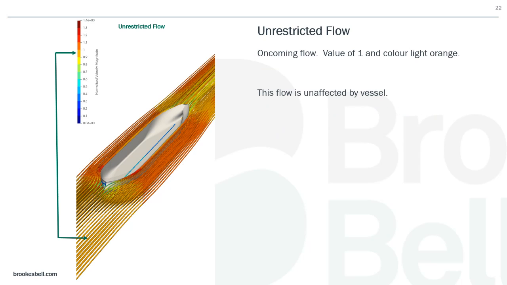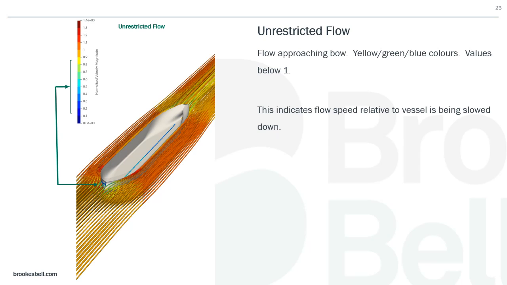And just a quick explanation of what the velocity scales and the colours mean. If we look at the far forward of the vessel, where it's largely undisturbed by the vessel, it's a kind of light orange colour. If we look at the scale, it corresponds to a value of relative or normalised velocity of 1. And that really signifies that your flow field here is not affected by the vessel, which is something we would expect far forward in this region.